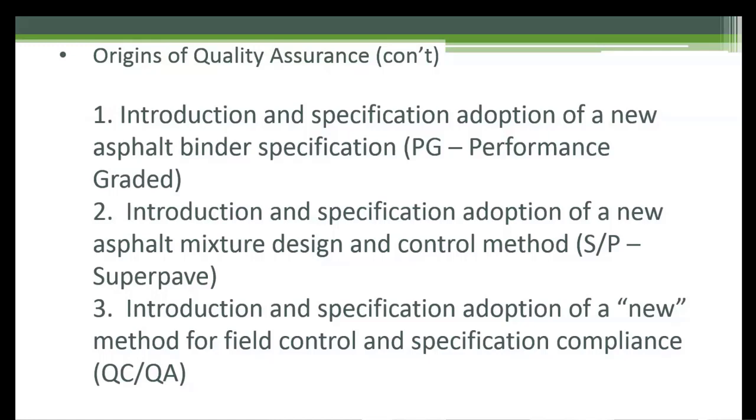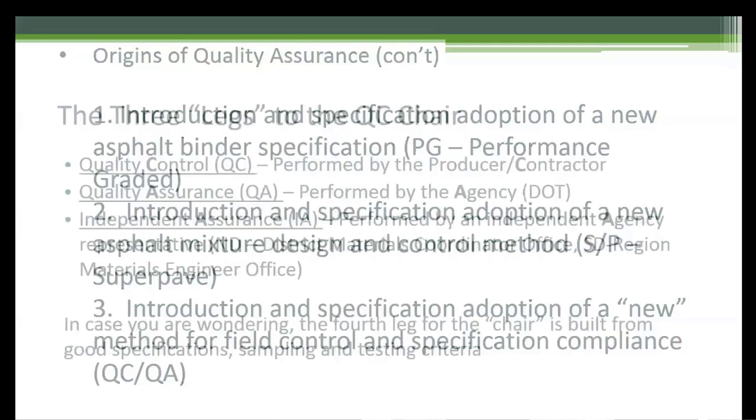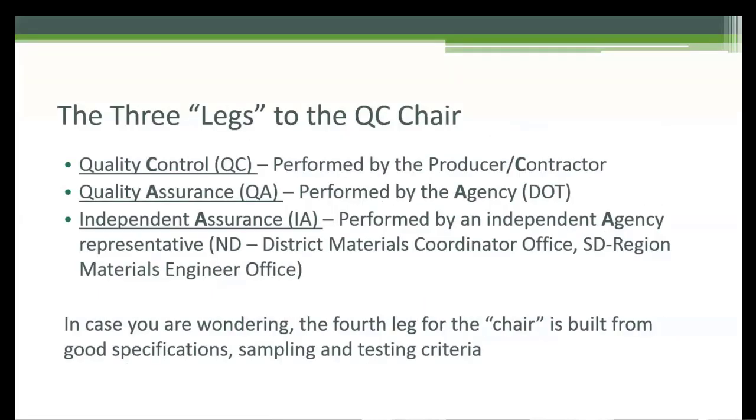The third, and just as important in my mind, was the introduction and adoption of a new method for field control and specification compliance called QC/QA, quality control, quality assurance. I want you to think about this: when you start in construction, one of the first things you learn, regardless of which side of the line you're on, contractor or agency, is how you're going to pay for this.